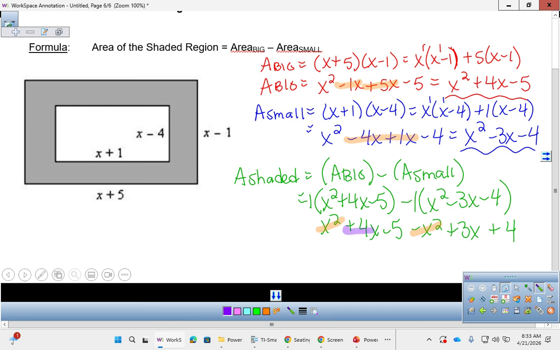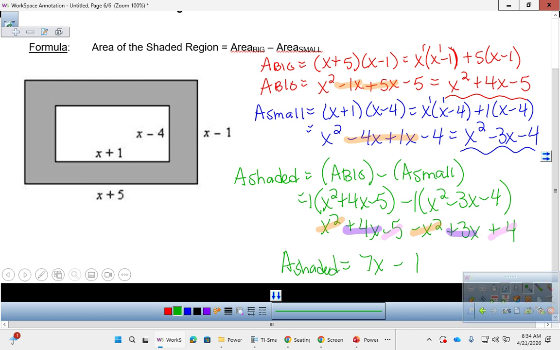They zero out. I'm not going to write the x squared terms at all. X squared minus x squared is 0. So I've got 4 plus 3, so 7x, and negative 5 and positive 4 makes negative 1. So the area of the shaded region is 7x minus 1.